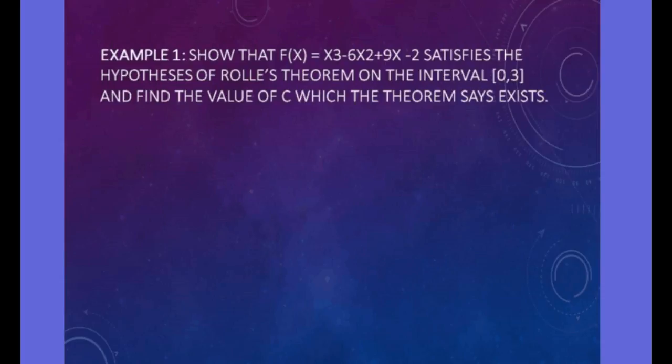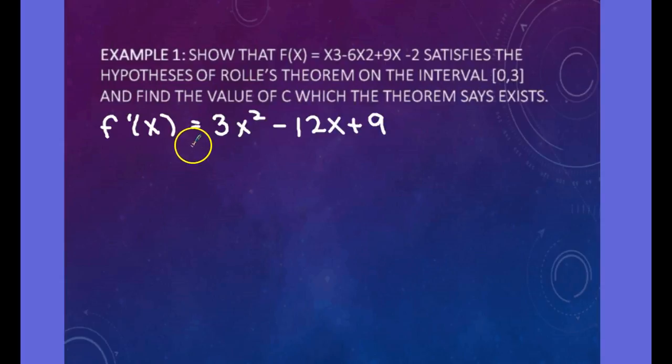So basically what we want to do is find f prime of x, which is 3x squared minus 12x plus 9. Maybe you take out the GCF of 3, giving 3 times x squared minus 4x plus 3.